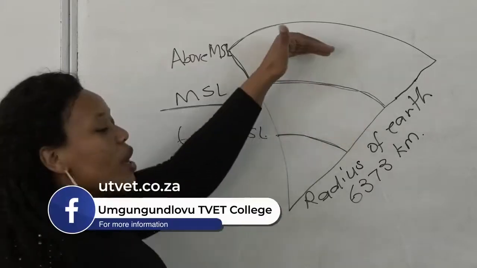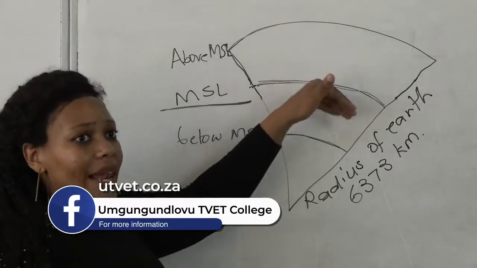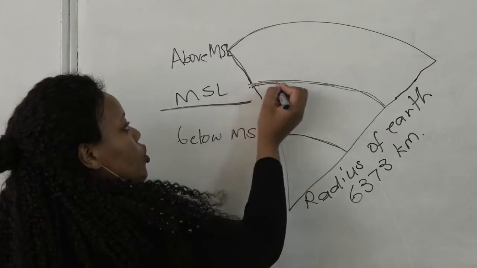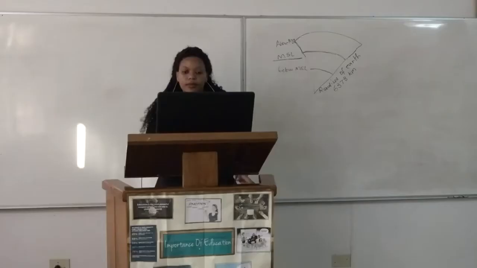That's why we should minus the correction from the length, okay? Because we want to do our measurement here at the main sea level.